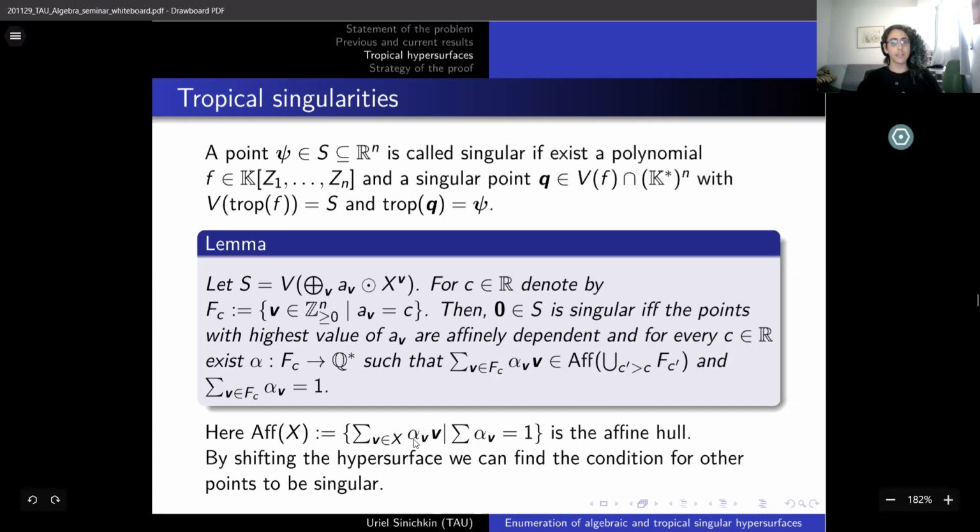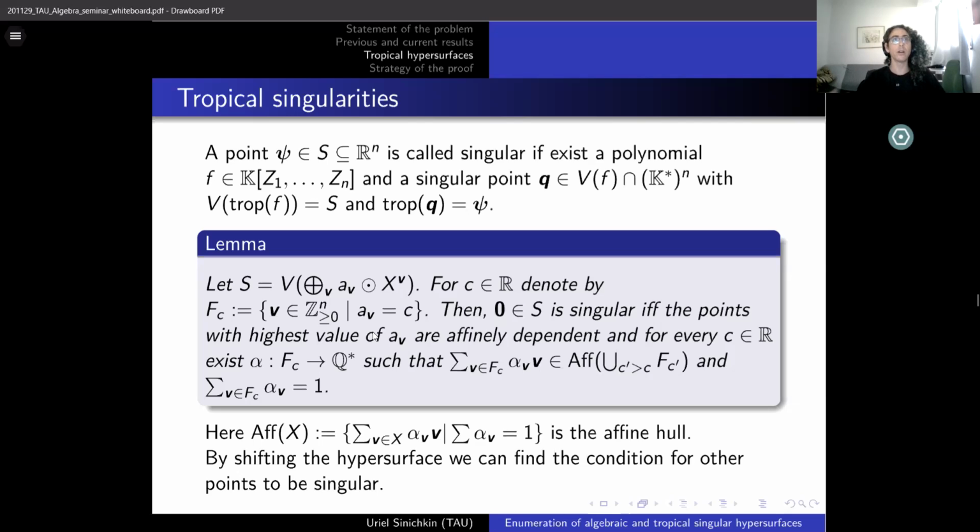I will give examples in a second, but first I will just remark that here I give a condition for 0 to be singular, the point with all coordinates 0, but 0 is not an important point in any case. By shifting the hypersurface, just by adding some constant vector to all its points, which amounts to adding a linear functional to the coefficients, I can write the condition for any point to be singular.